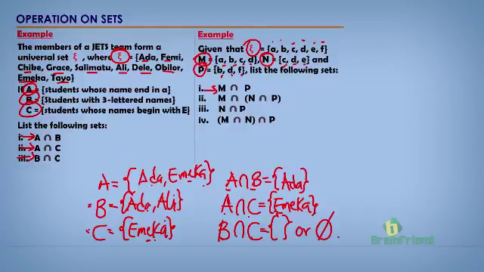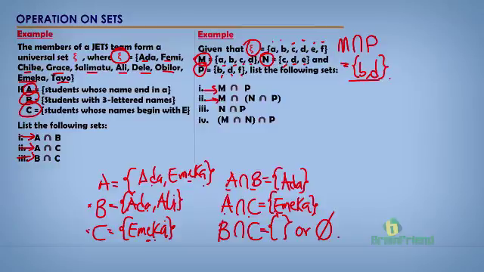First, we are to list the set that is the intersection between M and P. M intersection P would give us a set that is the elements commonly found in M and P. If we took careful observation of our sets M and P, we'll find that B is common between both sets. We also find that D is also common. So our intersection here is the elements B and D.